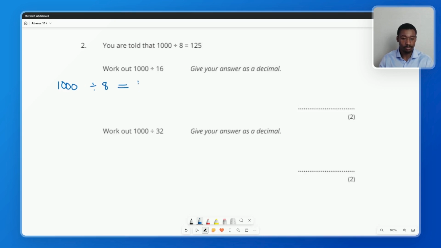Well, it means that we're taking 1000, and let's use a different color to really make this clear. We're taking 1000 and we're dividing it into 8 equal pieces. That's what division is. Dividing something into a number of equal pieces. The best way to think about it is like a pizza. Everyone loves pizza, right? So we have a pizza.